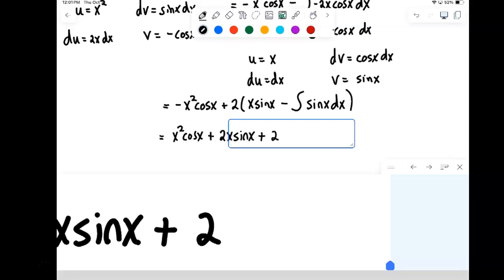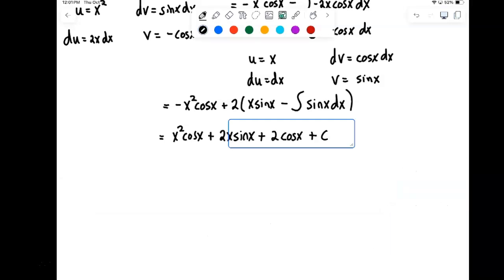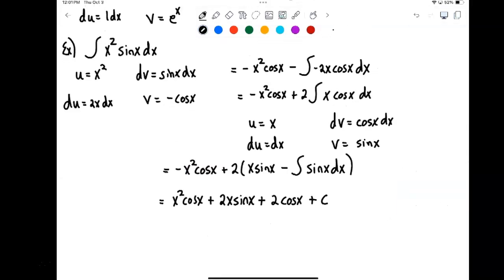So plus 2 cosine x, and then plus a constant. Okay. So the derivative of all that stuff, as we discovered, was x squared sine x.